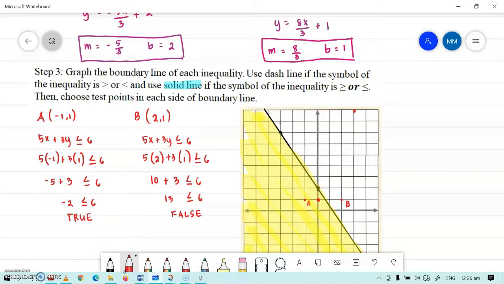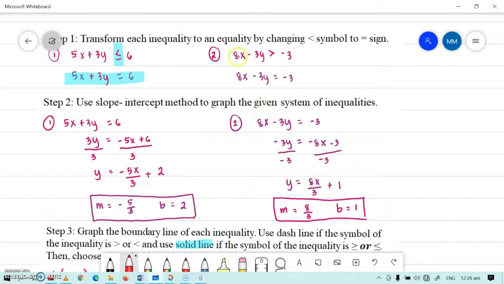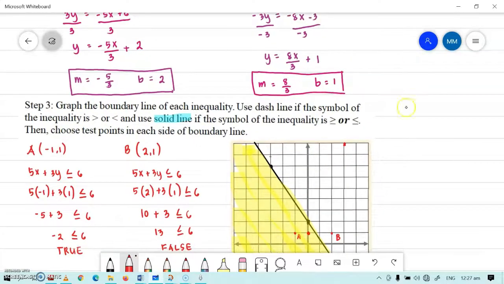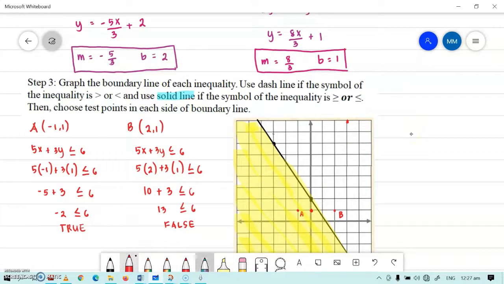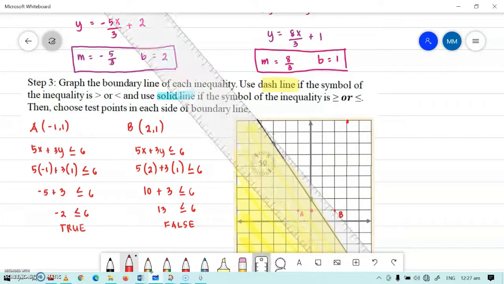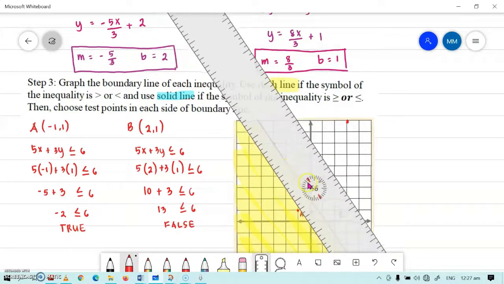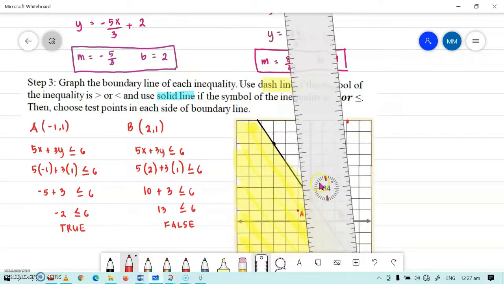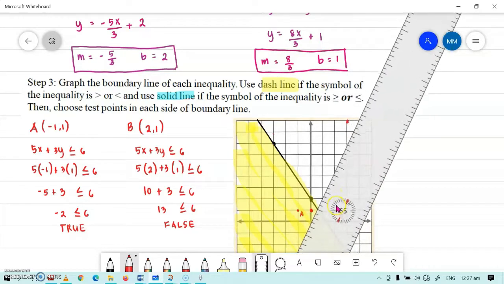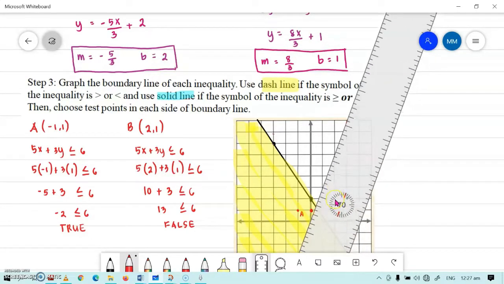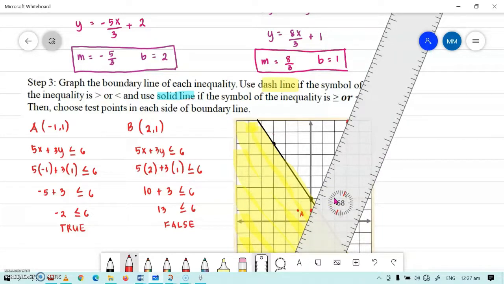Okay, so now since for inequality 2, our inequality symbol is greater than, we will use a dashed line in graphing the boundary line. Okay, position your ruler properly.